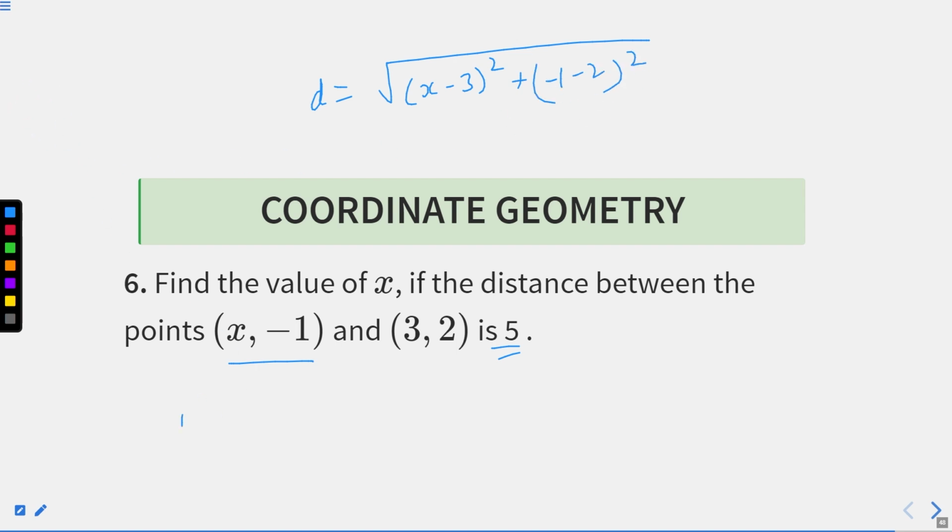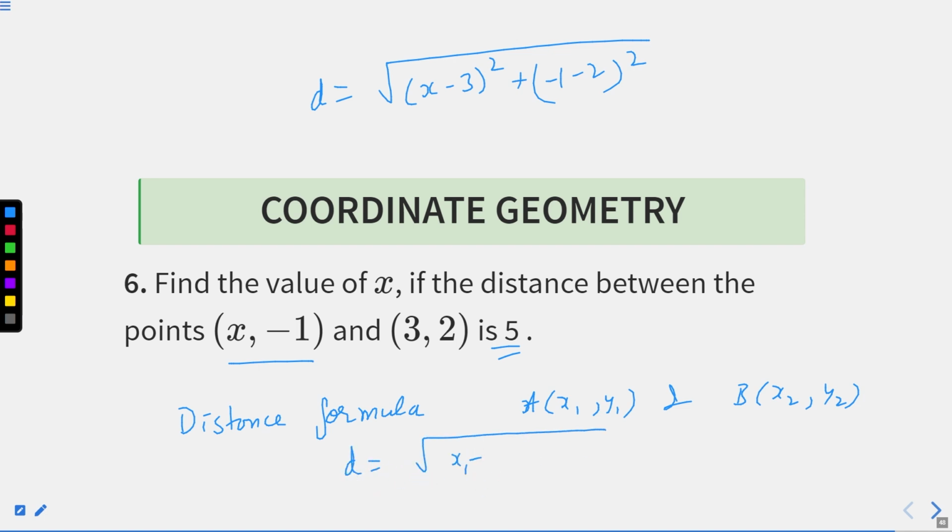For points A (x1, y1) and B (x2, y2), the distance d is equal to the root of (x1 - x2) whole square plus (y1 - y2) whole square. From this formula, we know that d is 5, the distance is 5.